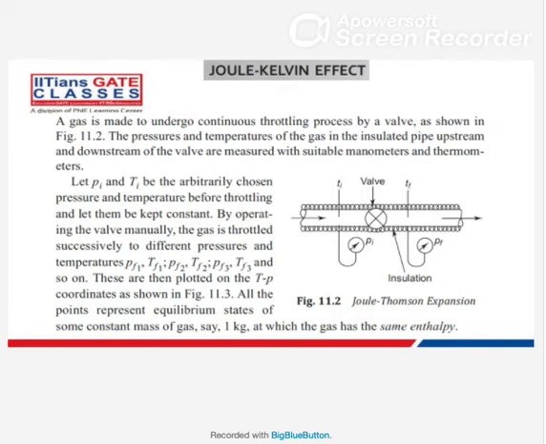But is it always the case? Is it that whenever you expand the temperature will drop? No, we can see when it will drop and when it will actually increase. Even if you are expanding, its temperature can increase. That particular thing we'll see with this Joule-Kelvin effect.